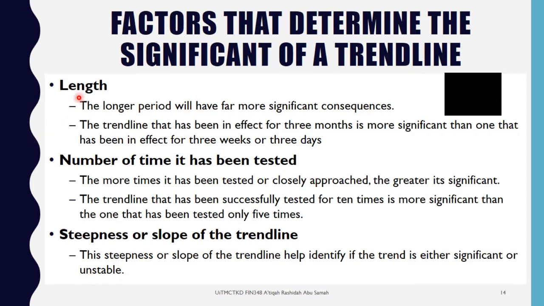The first one is length. The longer period will have far more significant consequences, meaning that a trend line that has been in effect for 3 months is more significant than one that has been in effect for 3 weeks or 3 days.